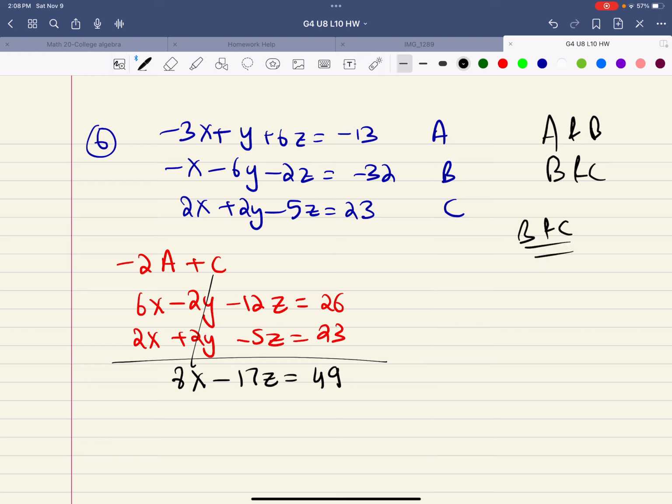So what I'll do is I'm going to do B plus 3 times the third equation. So first B as it is.